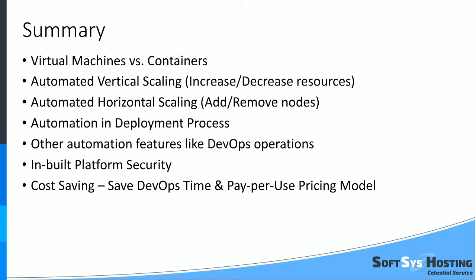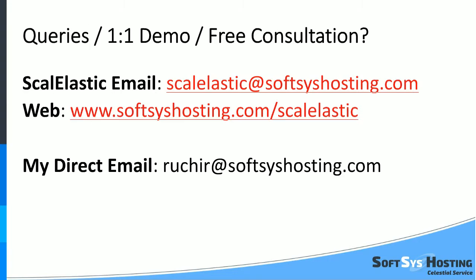Deployment automation is extremely important to ensure that developers stay more efficient. Built-in platform security helps in keeping your cloud safe and secure from ever-emerging threats. Lastly, you enjoy cost saving in two ways. One is you save your DevOps team's very valuable time, and also with the flexible pay-per-use pricing model.